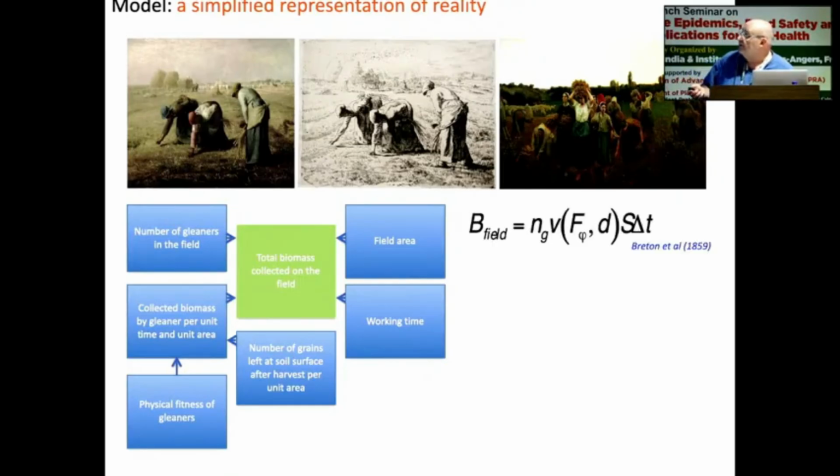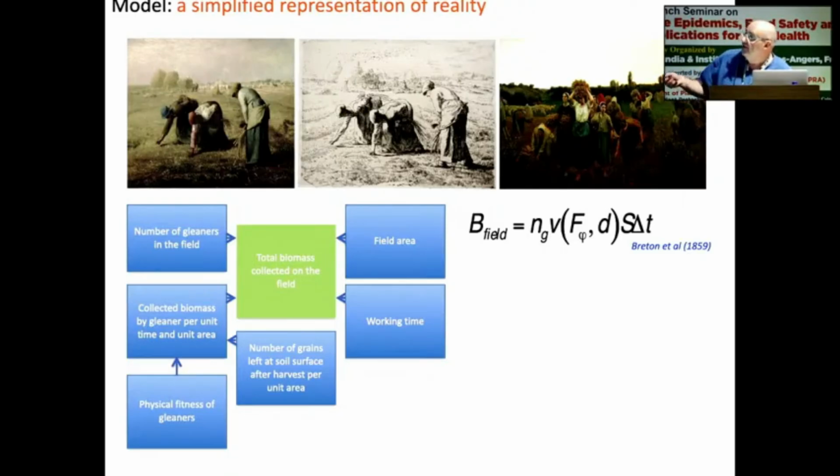So here is an example. I can simply state an equation. I will say that the biomass that is collected in the field will depend on the number of gleaners multiplied by a function that will describe the quantity of grains collected by the gleaners.